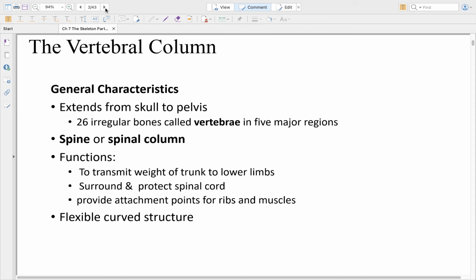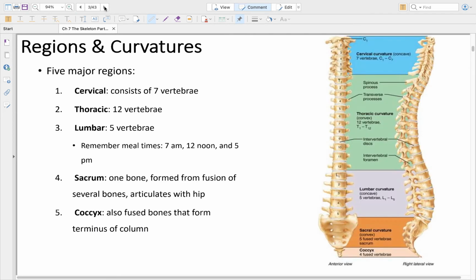Also, it is designed to surround and protect your spinal cord, and it provides attachment for your ribs and your muscles, and it has a flexible curvature.